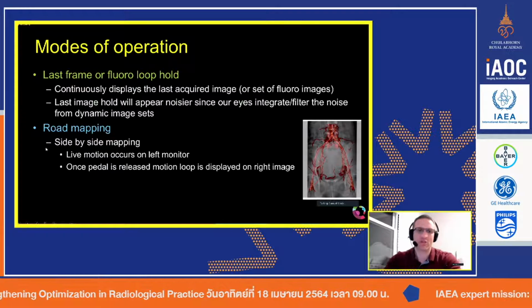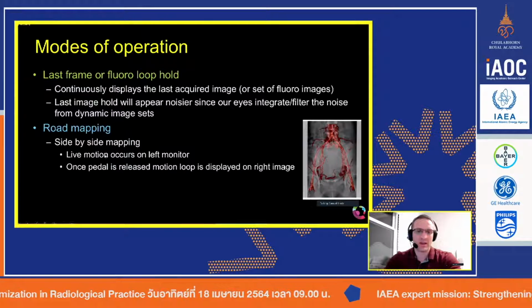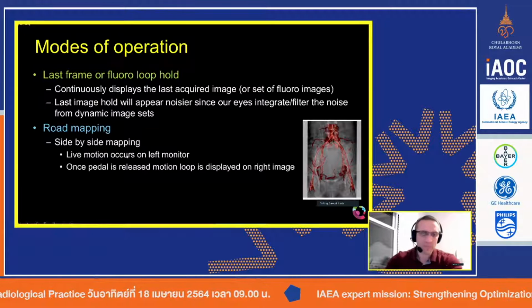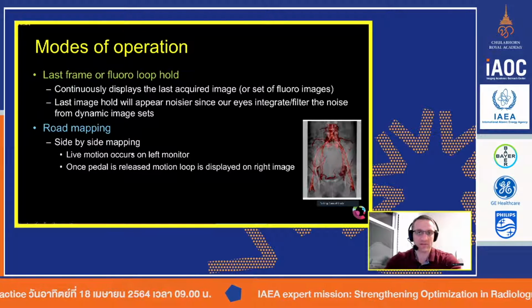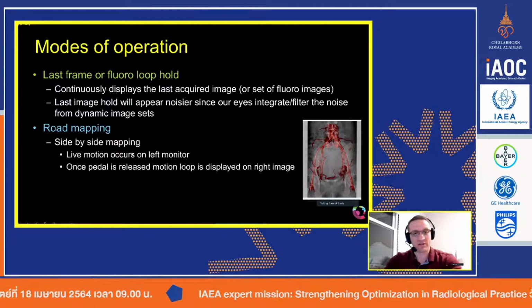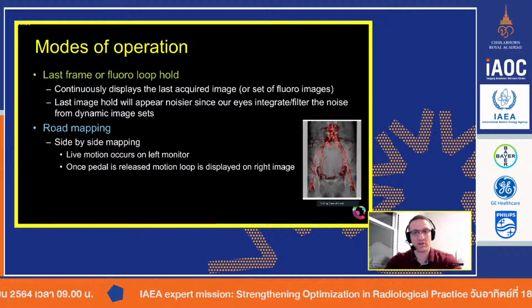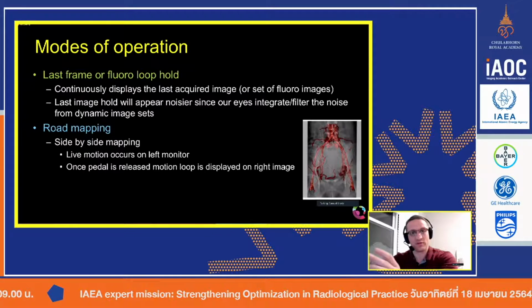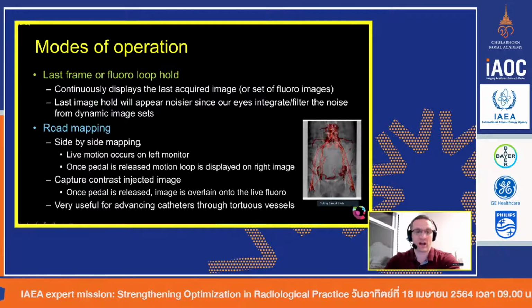So there's all these really cool ways to image using fluoroscopic systems, but you've got to get the right dose per image so that each one of these tools you use will look good to the eye.